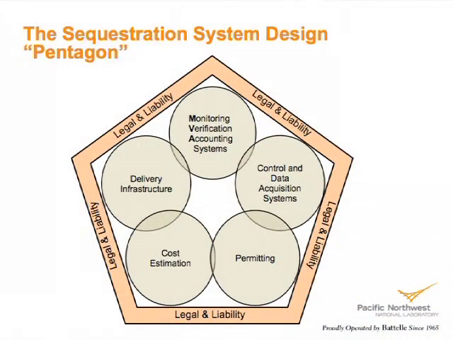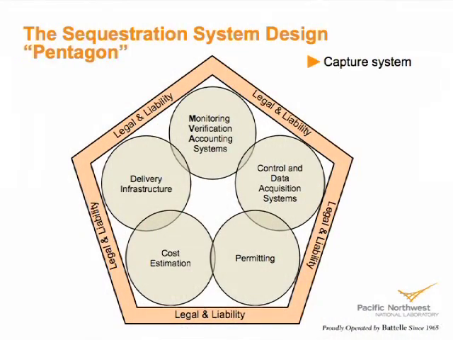But everything is filtered through this legal and liability wall. We have to make sure that what we're trying to do can be done from a legal and liability perspective. So let me give you a couple examples. That would include our capture system, pipeline, wellbore, and our reservoirs.